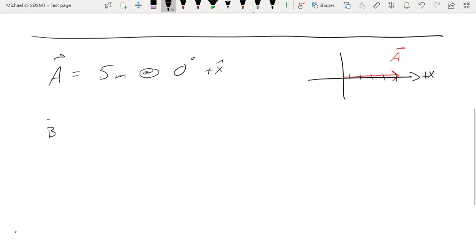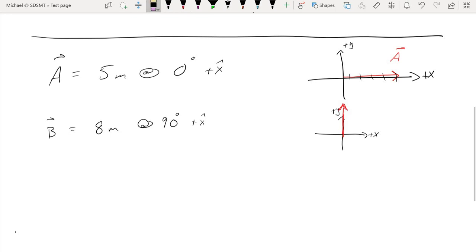Vector B will be 8 meters at, we'll do 90 degrees with respect to the positive x-axis. So this means that vector B is actually pointing along the y-axis.